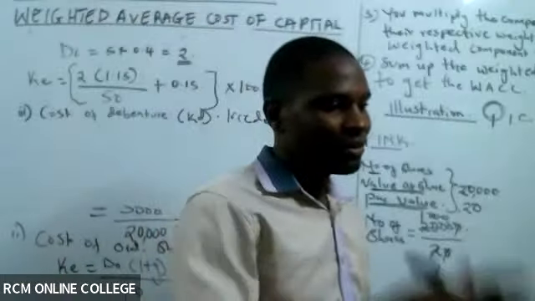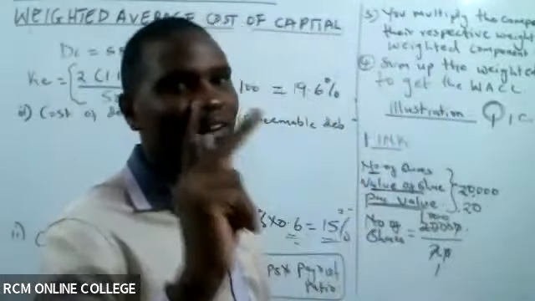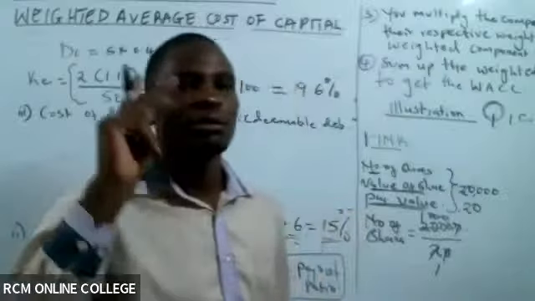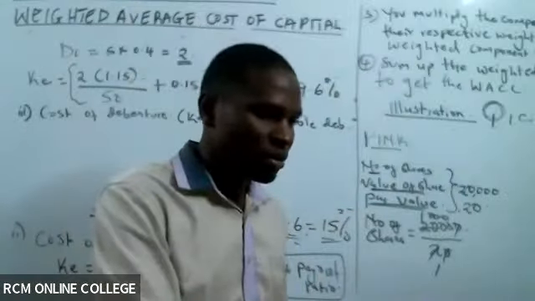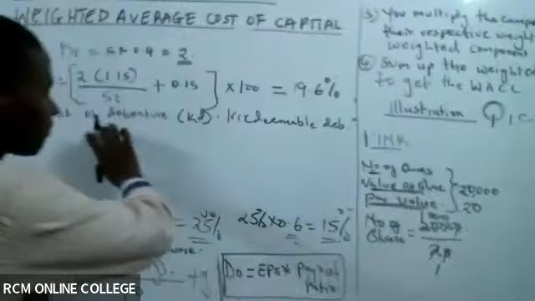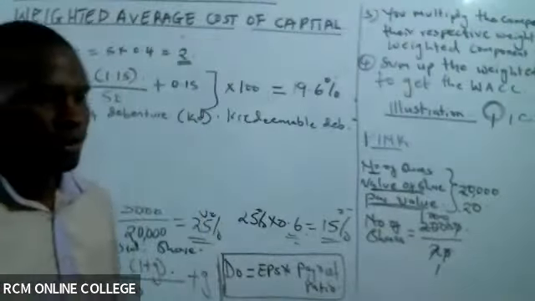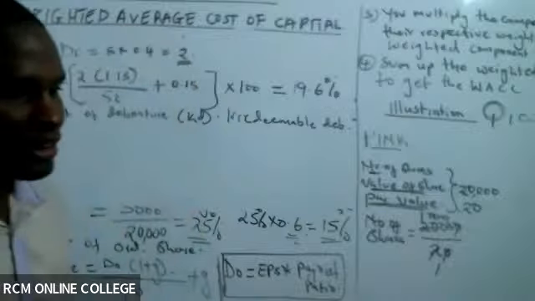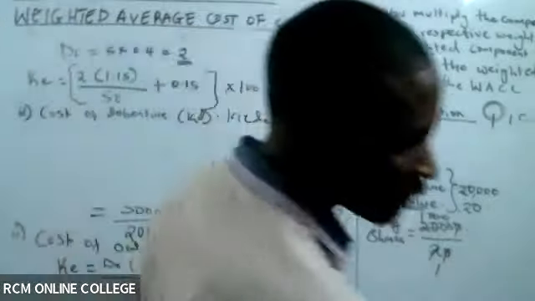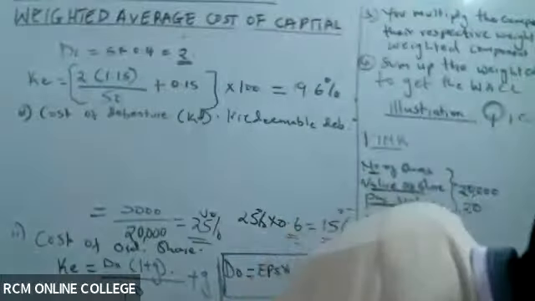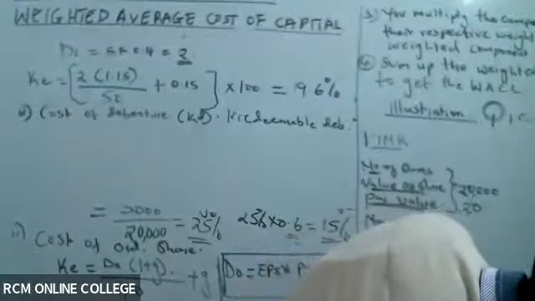Please attempt. I know you have 2 books, that one we agreed when we were starting the semester. For the other book, try to compute this. Test your mind. I am giving you 3 minutes to try to compute the Kd and Kp.